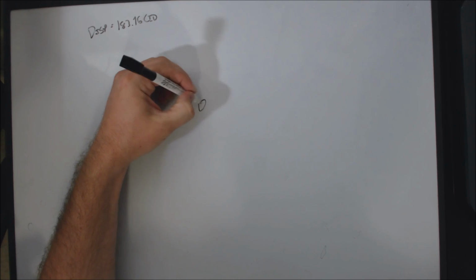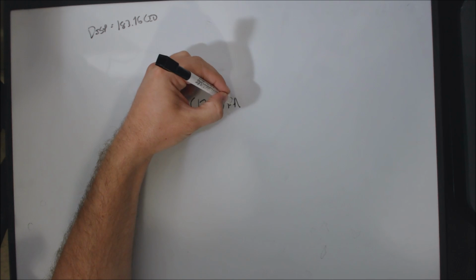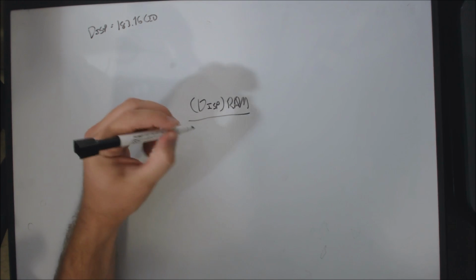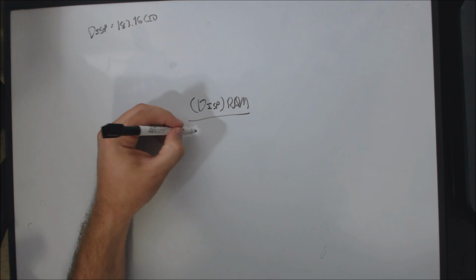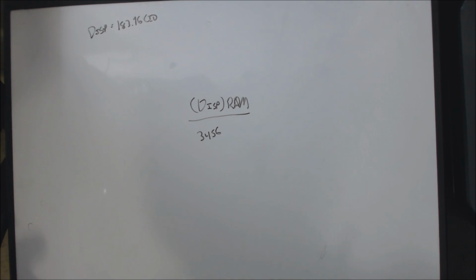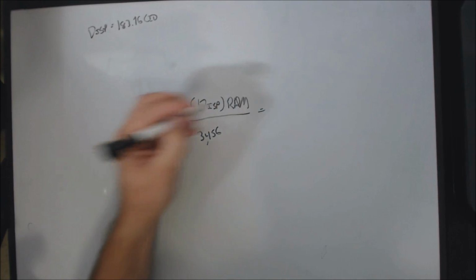Now that I know my displacement, I'd like to calculate my volumetric flow rate, and I can do that with a very simple equation. I'm going to say displacement times RPM, and then divide that by 3456. This number again works for any engine you compute, and it's very easy to remember.